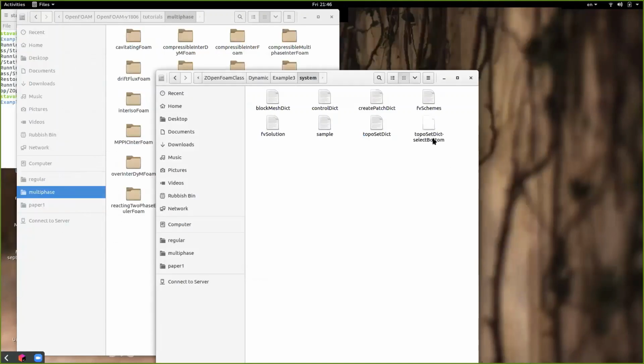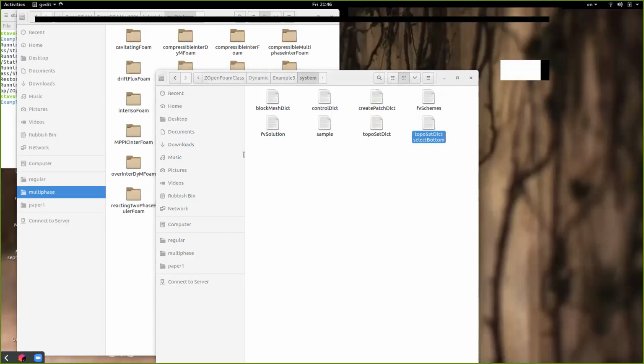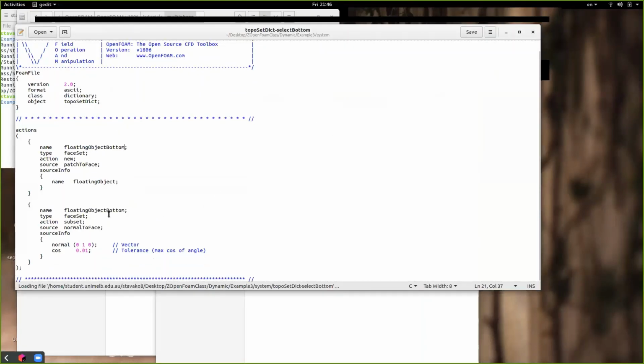And in this case, we have another topoSet directory that, in addition to getting the floating object, excluding it from the domain and setting its surfaces to be the floating object, is used to prescribe the bottom of the floating object. So we want to prescribe a vertical motion for this bottom.